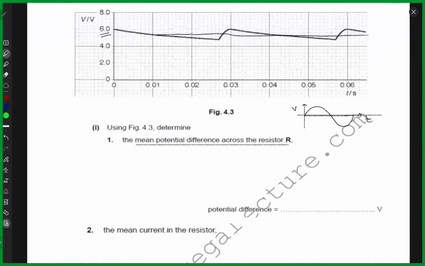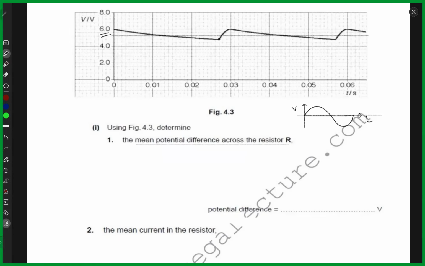If I can draw it neatly, something like that, which is approximately 5.4. Yes, just take the least value and the highest value and divide that by 2. Exactly, right? So yes, you can do that.